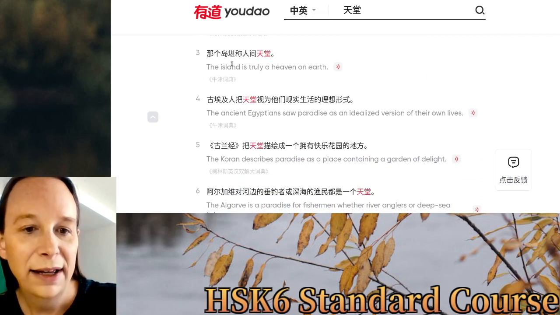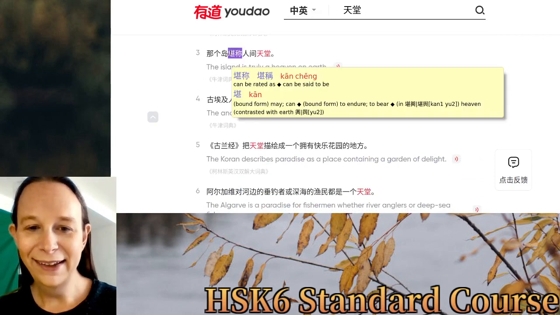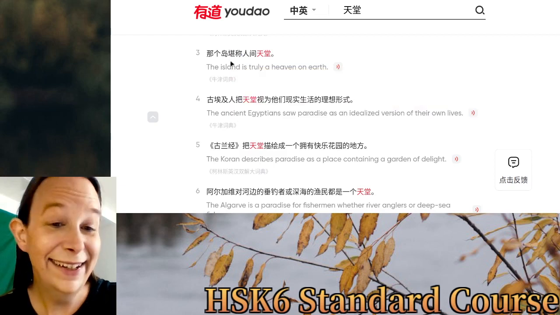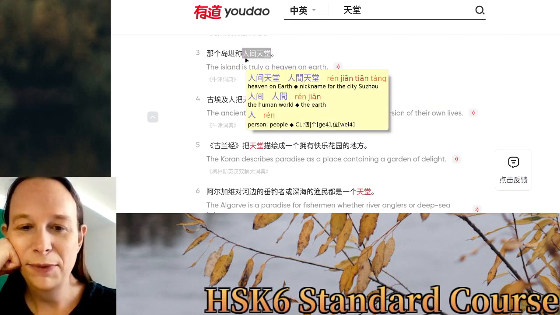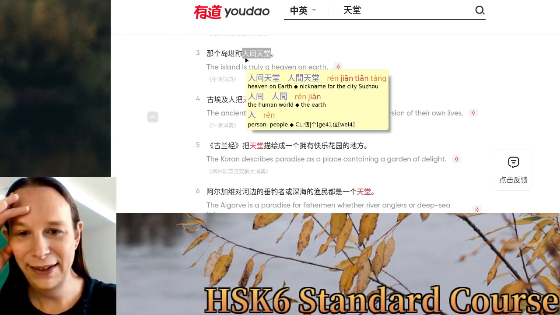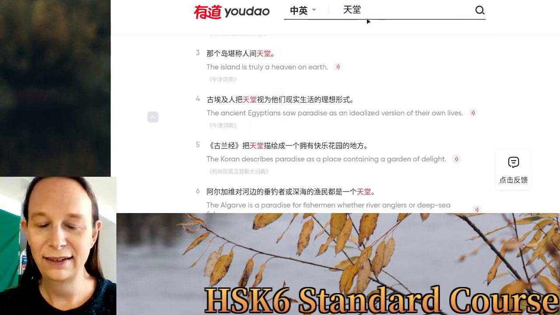那个岛堪称人间天堂。We saw this 堪称 when we studied 不堪. 堪称 can be called. Yeah, there it is. 人间, so 人间 is the human world. It's opposed to like the God world or something like that. What's the opposite of 人间? Is it 神间?